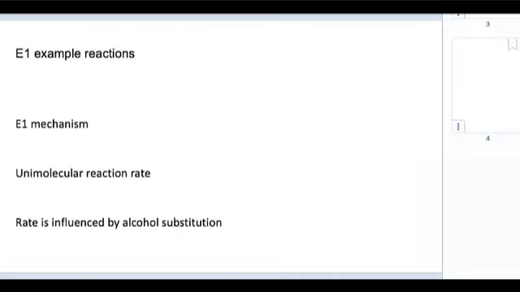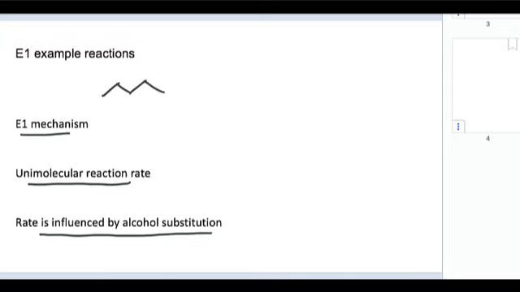Just as before, when we covered a few SN1 reactions, and we talked about their mechanism, the reaction rate, and how level of substitution can affect the reaction, we're going to go through those same ideas with an E1 reaction. So let's just jot down a few reactions and keep careful track of stereochemistry in the products.